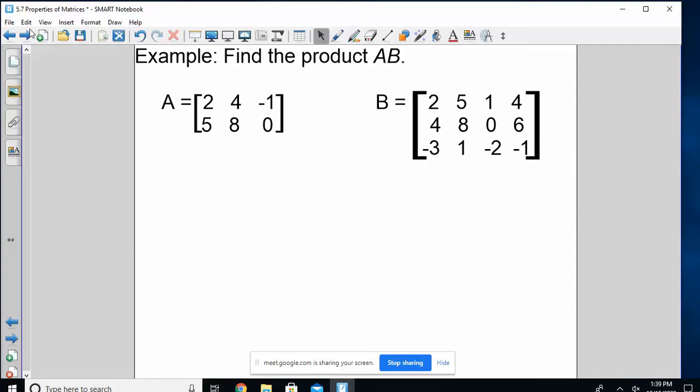So what's the size of that first matrix? 2 by 3. 2 rows and 3 columns. What's the size of the second matrix? 3 by 4, 3 rows and 4 columns. So the middle numbers match, so we can do it. How big will my final answer be? 2 by 4. I will have 2 rows and 4 columns.